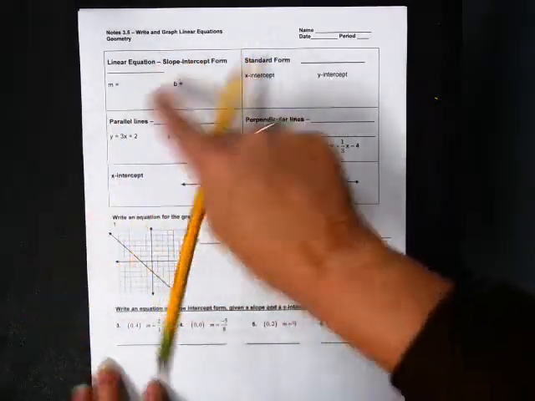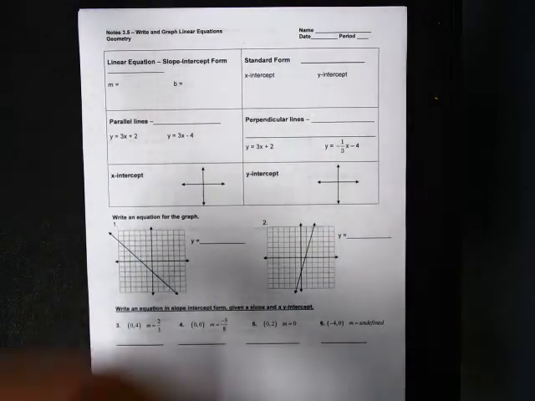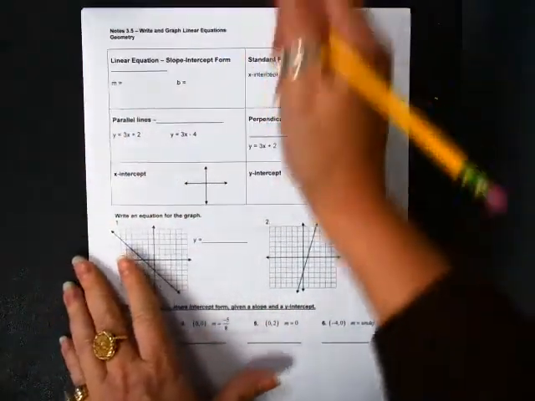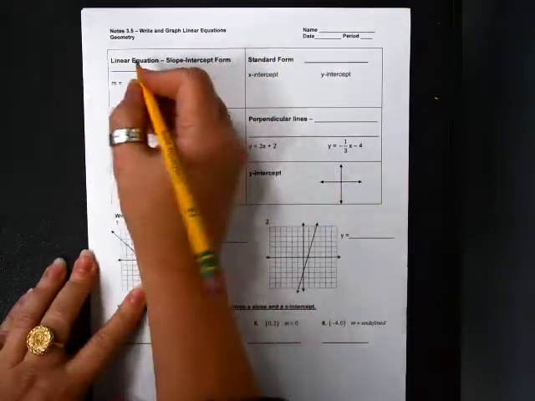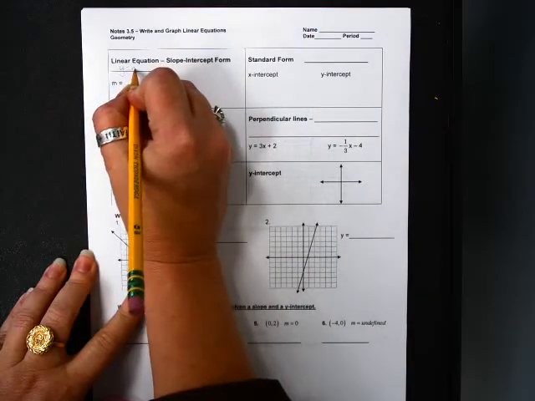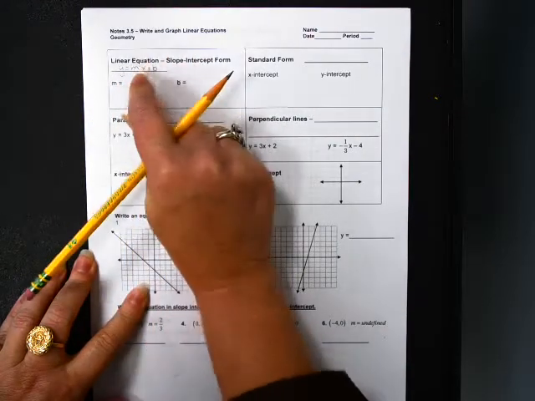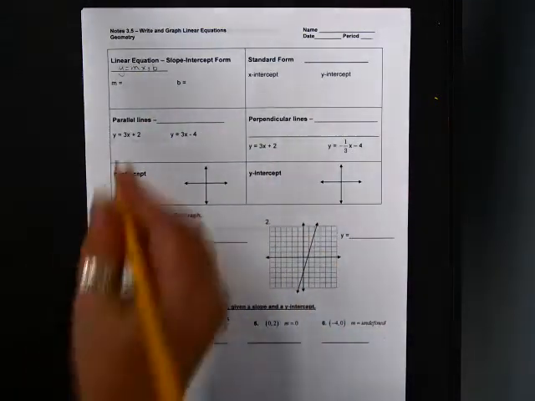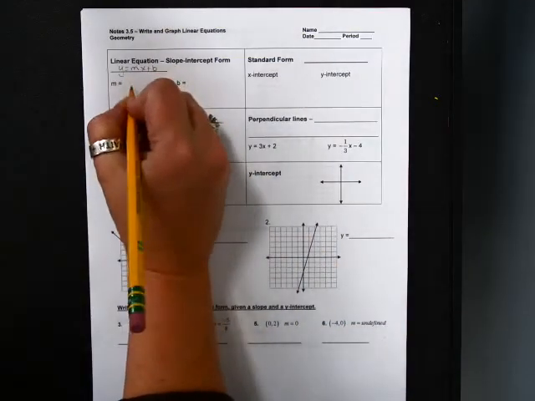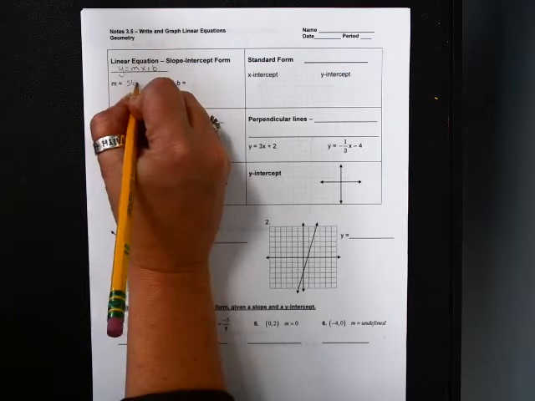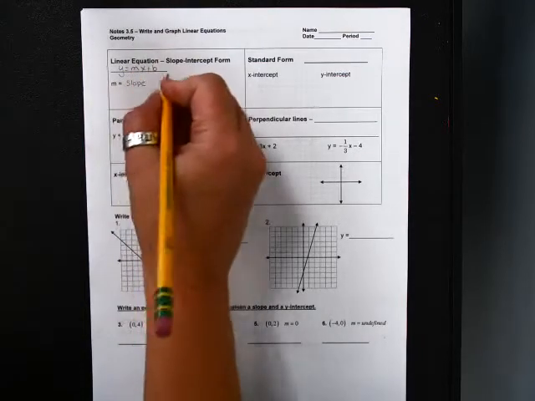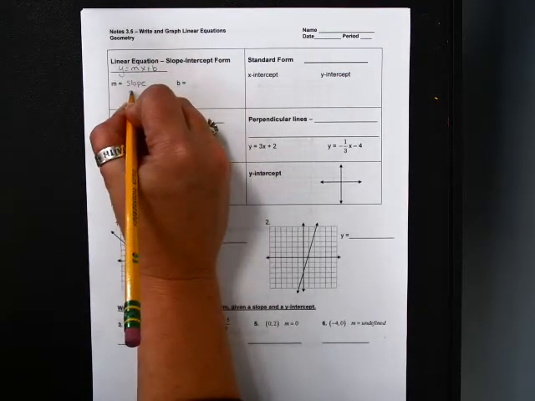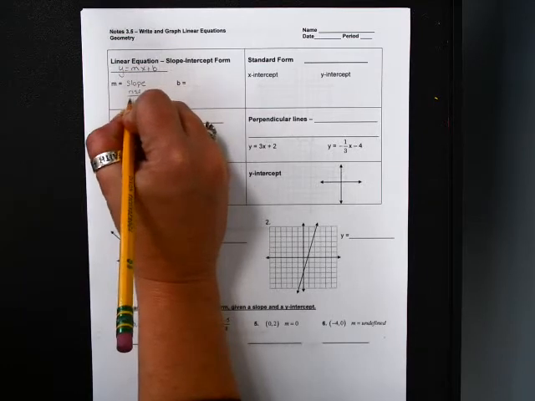Before I start this one, I just wanted to remind you that the m in the slope-intercept form, which is y equals mx plus b, the m stands for slope, which is also the rise over the run.